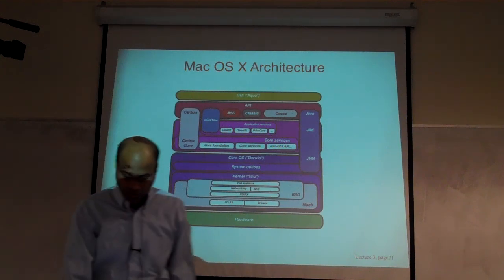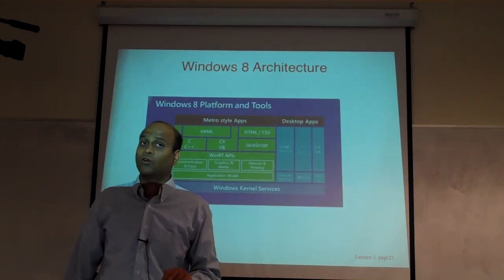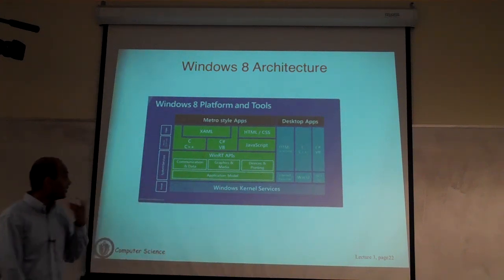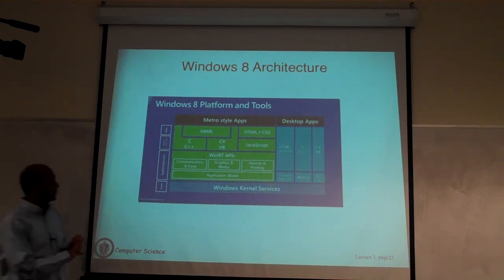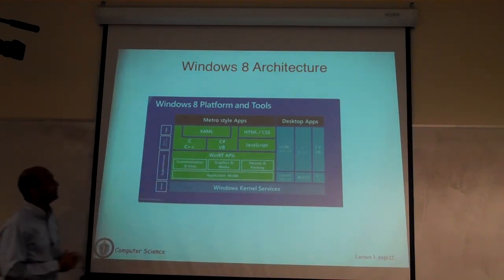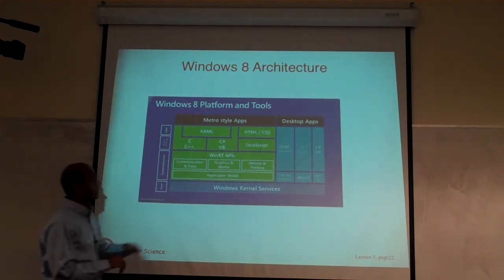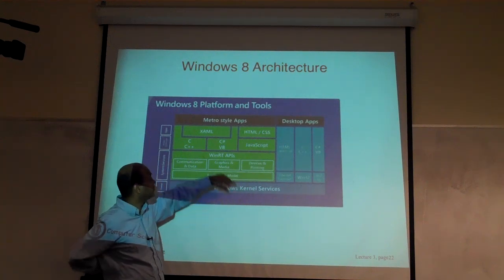Okay, the same is true, I'm not going to talk about the boxes. I just want you to understand that this is a complex system that we're talking about. This is Windows 8, something that Microsoft is putting out. And you'll see that the kernel is for them really a small part of it. Okay, there's lots of things that sit on top. There are runtimes for lots of their things like C# and so on.